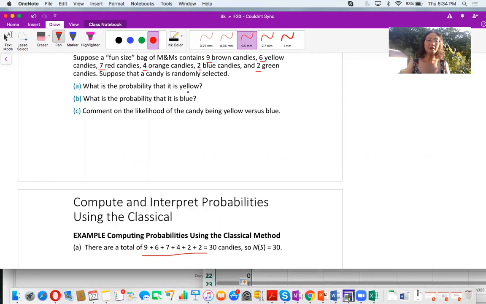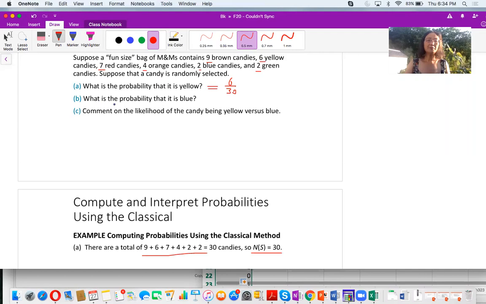The probability of yellow equals how many yellow? 6. So 6 divided by 30. If we want to use the notation, NS is 30, the number of outcomes in the sample space.